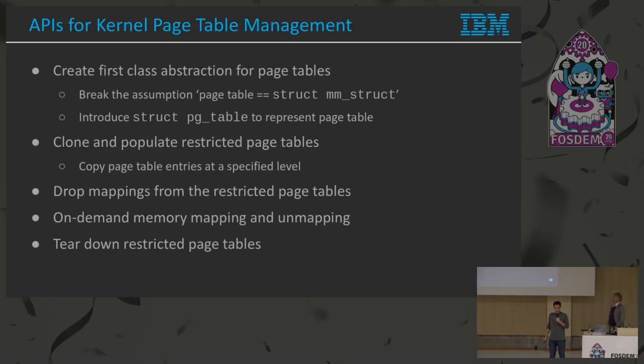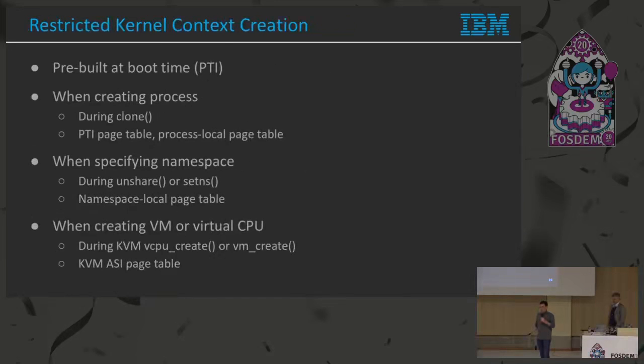The kernel presumes that every address space has its mm_struct, which was used to represent user process memory. It has a lot of information that is not necessary to represent the kernel page table. So what we're trying to do is to extract the page table information proper from mm_struct and create a first-class abstraction. We call it pgtable for now. It may evolve as time goes on. Then we need some API to populate this pgtable, and we need an API that will be able to tear down this pgtable.